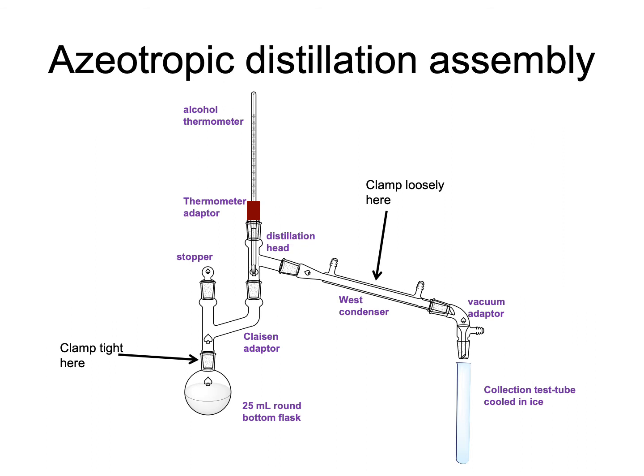So we have a round bottom flask, a Claisen adapter, a thermometer for measuring the temperature, a distillation head, a condenser, and at the end we need a collection of the distilled alcohol and water, so we are going to use a test tube.